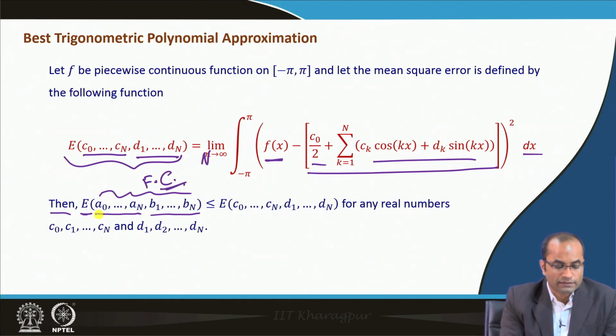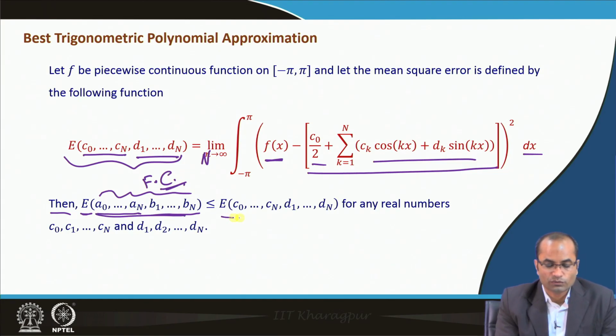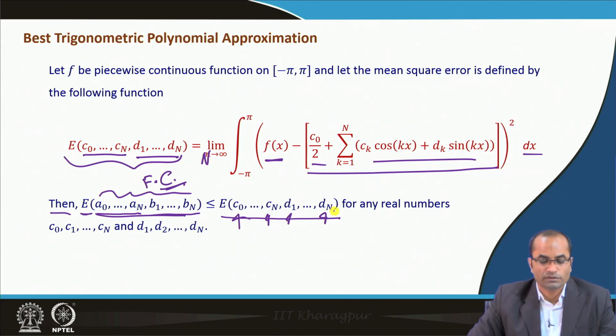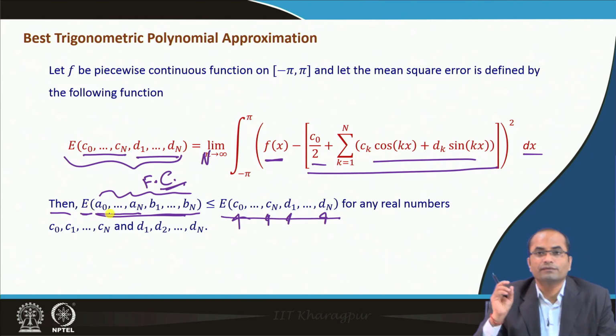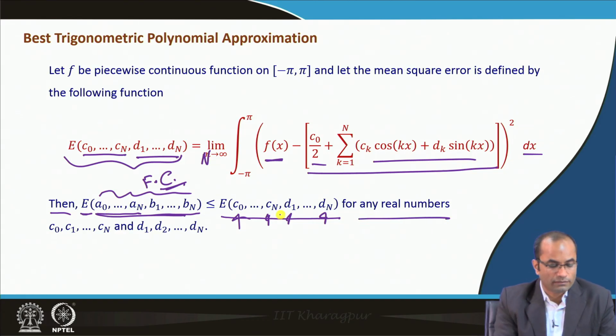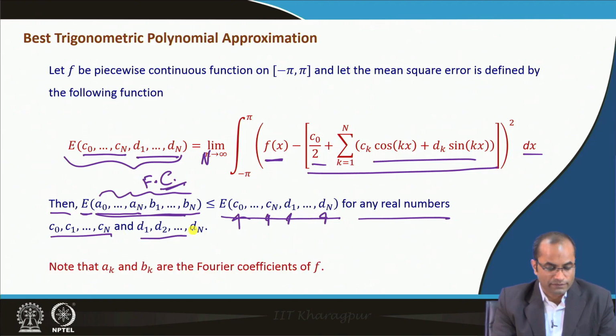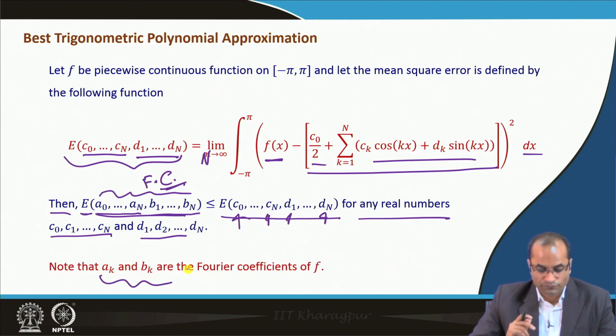Then this error is going to be less than or equal to the error for any other real numbers we choose for these coefficients. Among all these errors, the one with exactly the Fourier coefficients is going to be the minimum one, for any real numbers c k and d k, where a k and b k are the Fourier coefficients.